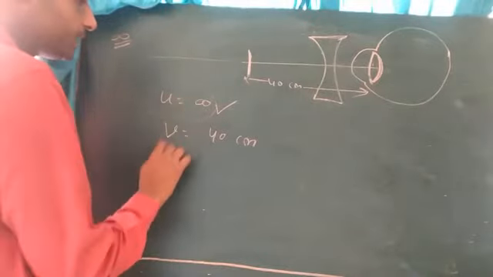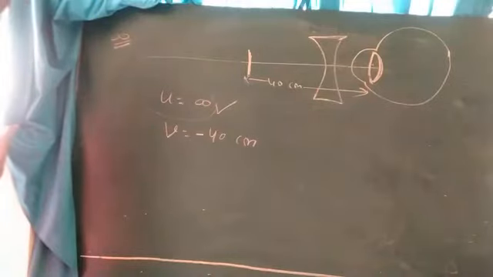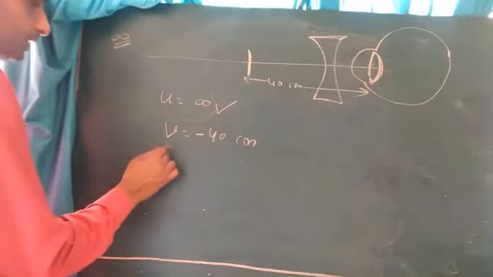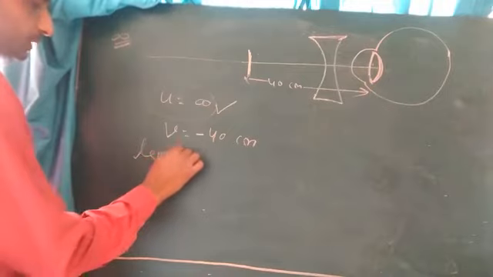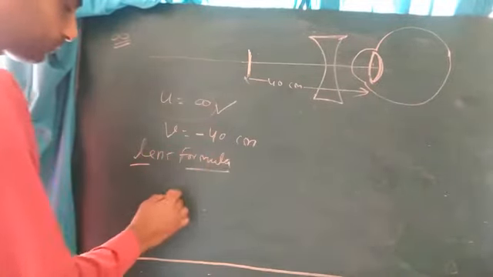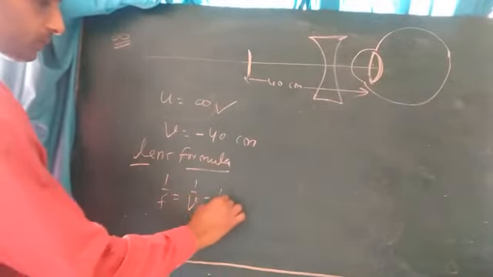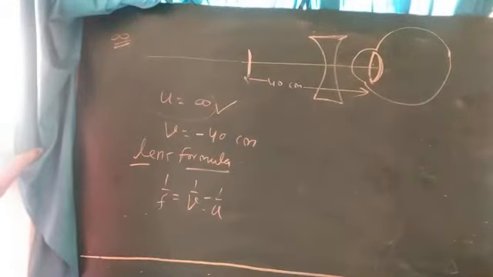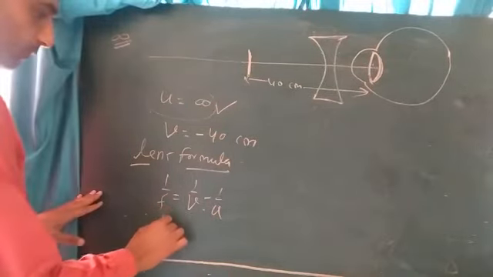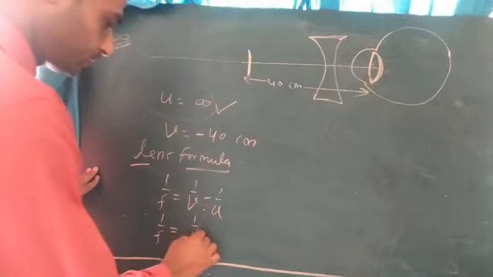So u equal to infinity and v equal to minus 40 centimeter. And by using the lens formula, 1 upon f equal to 1 upon v minus 1 upon u. This is the lens formula. So by putting values, 1 upon f equal to 1 upon minus 40.